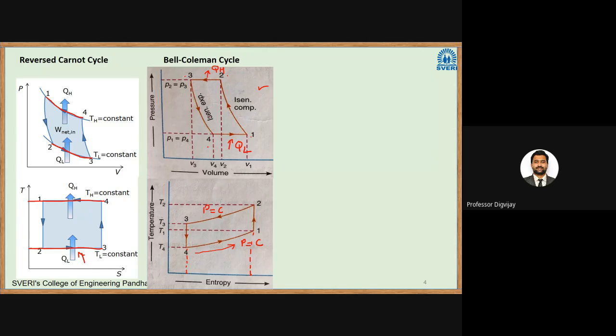So this is what we call the Bell-Coleman cycle. What is a Bell-Coleman cycle?